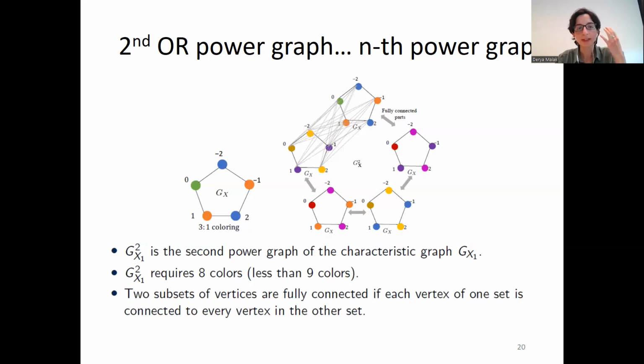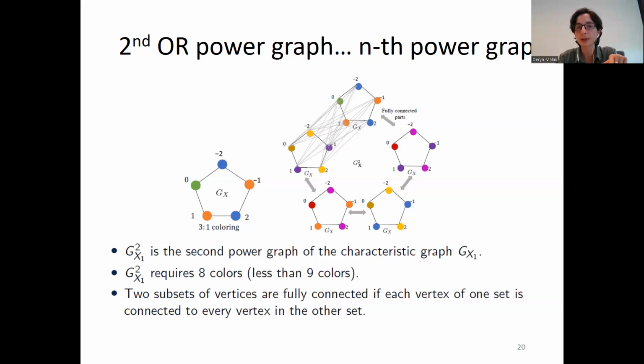When we do the experiment sufficiently many times, we can reduce the number of colors we need on average. For the first graph, we needed 3 colors. This 3x1 coloring means I assign only 1 color per vertex, and I need 3 colors in total.